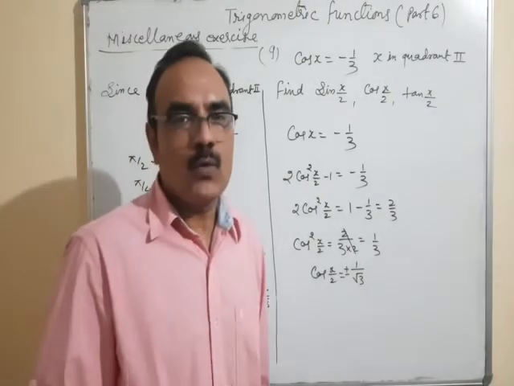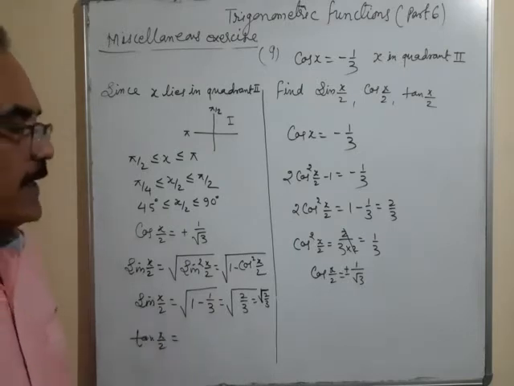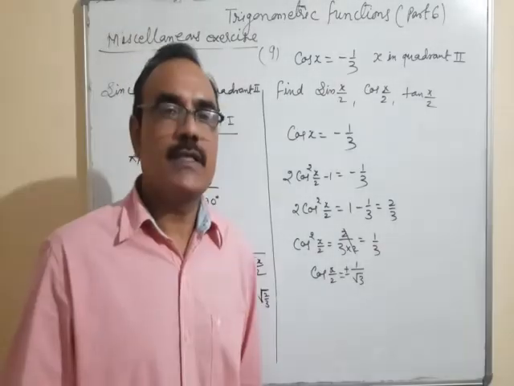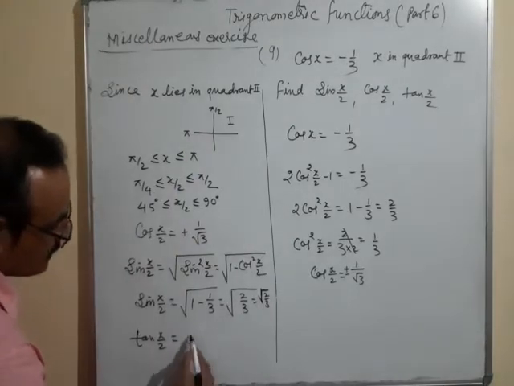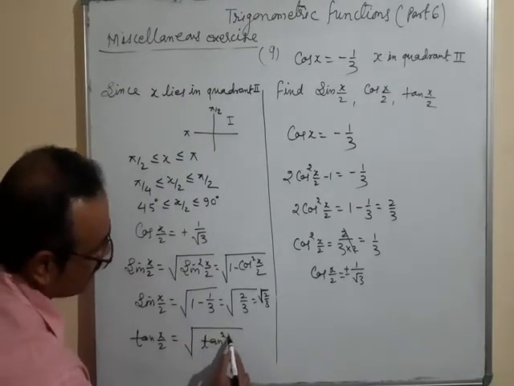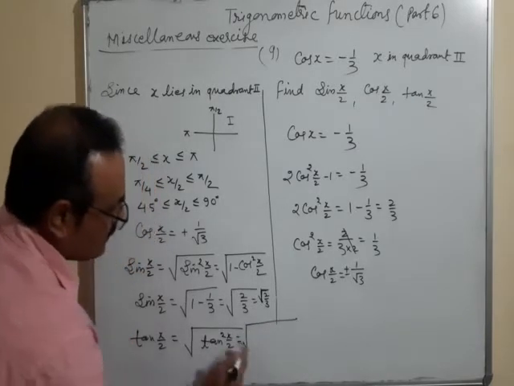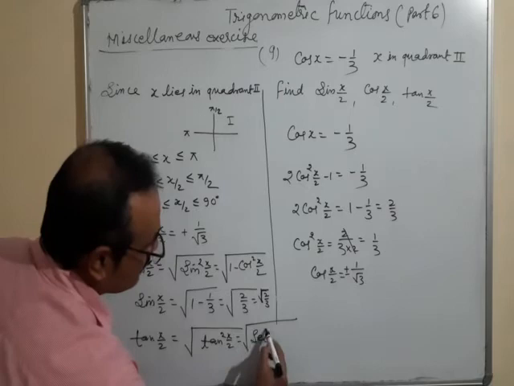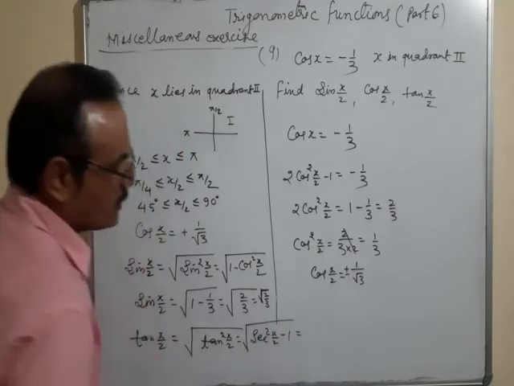What is the value of tan x by 2? How to convert tan x by 2? Tan x by 2 is under root tan square x by 2, and tan square x by 2 may I write as sec square x by 2 minus 1, since sec square theta minus 1 is equal to tan square theta.